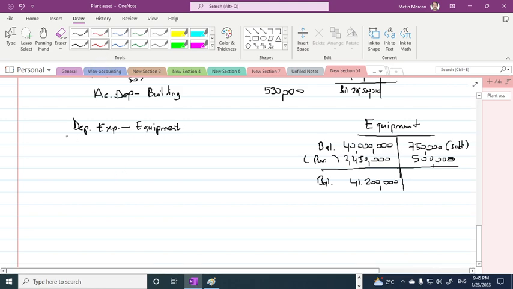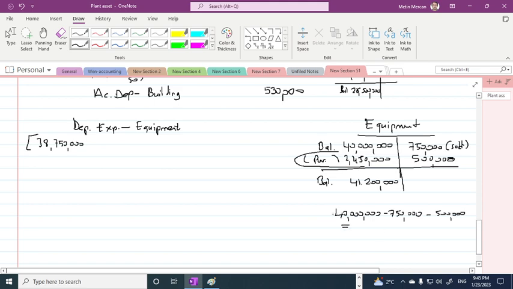So if you calculate this, let's put it like that, $38,750,000, because these are excluding this one. Because if you do that, how many assets do we have? Equipment, we have $4 million, minus 750,000 and minus $500,000.